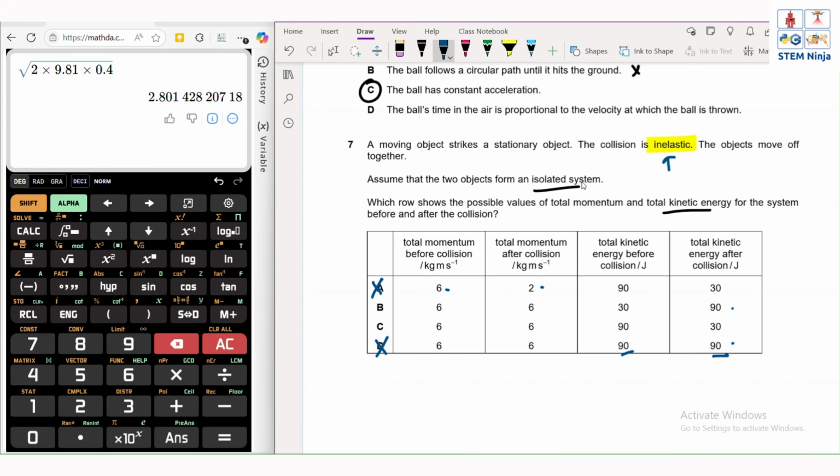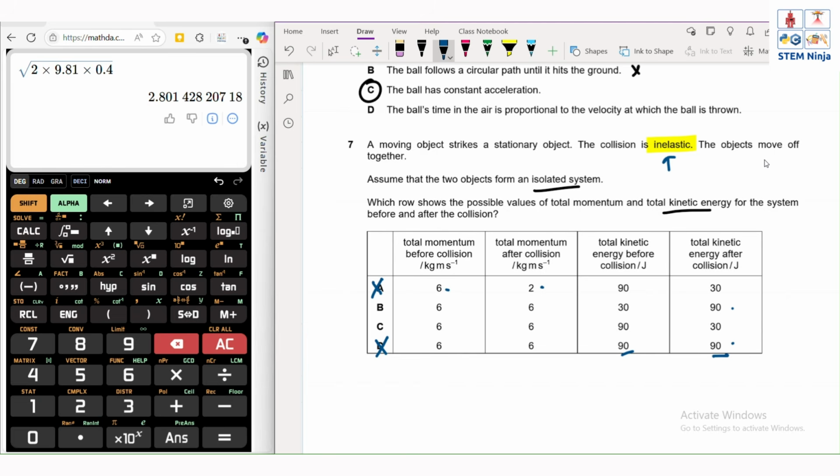Furthermore, there is going to be a loss in kinetic energy. We can't increase the kinetic energy over here. This is always going to be the case. So they are becoming one object over here. Their masses are being combined. So their net velocity after the collision will correspond to the same thing, which means there's going to be a decrease in kinetic energy after, not an increase, because we can't create energy.